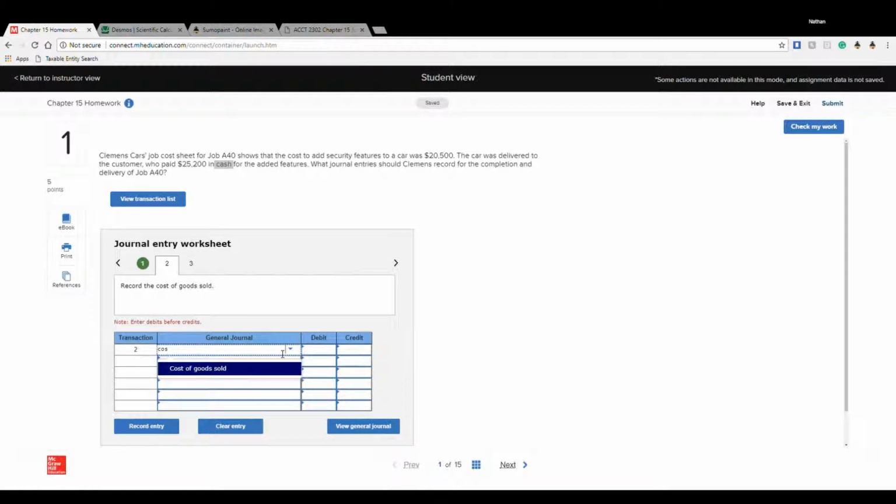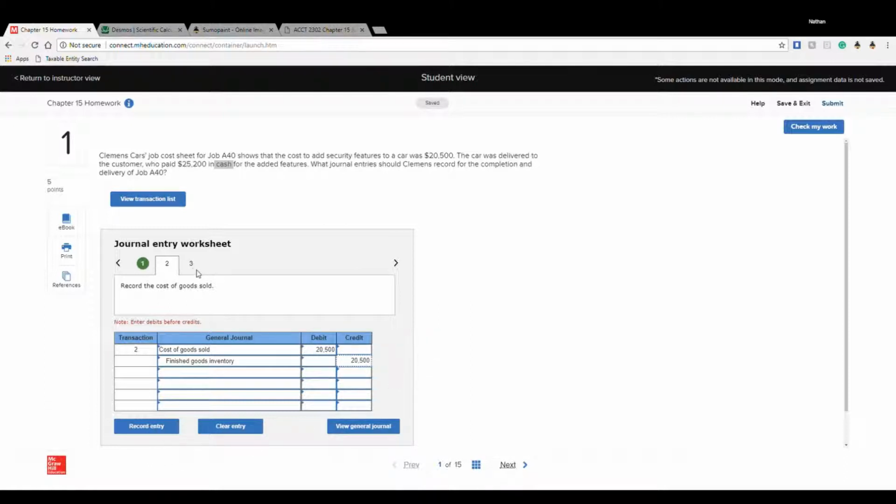So cost of goods sold, and it has to come out of our finished goods because it's no longer part of our inventory. It is gone. We lost ownership, so we now record these expenses. It's the same amount, $20,500, whatever my cost is. Remember, debits always go before credits, especially with Connect. In the real world, you can switch as long as it makes it to the end account properly, but for Connect, debits before credits.